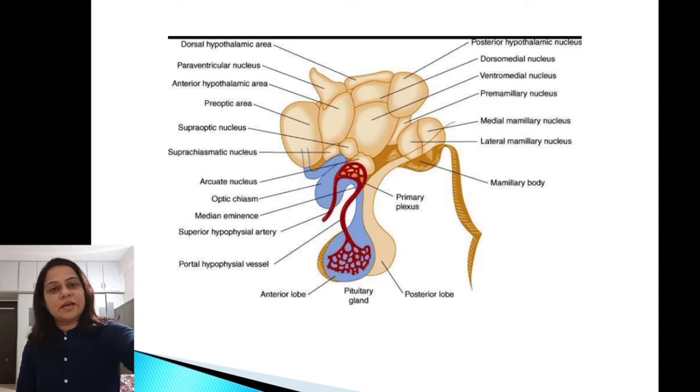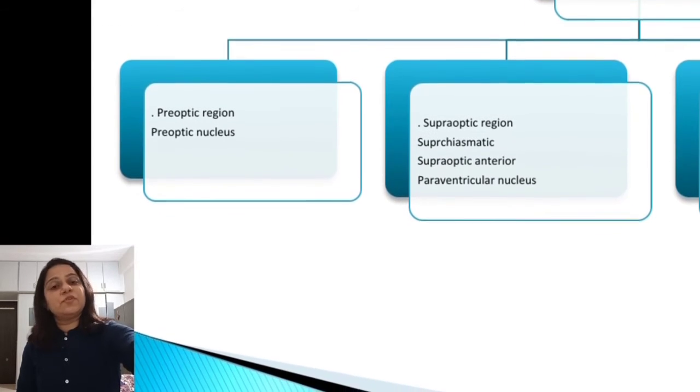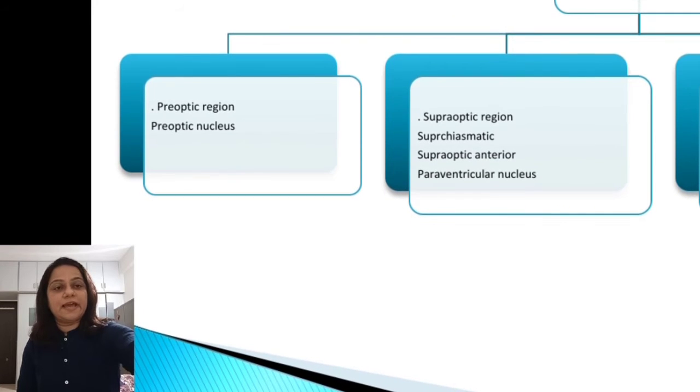This is the diagram showing the different nuclei of the hypothalamus. Grossly, hypothalamic nuclei are divided into 4 regions. Preoptic region, which includes a preoptic nuclei. Supraoptic region, which includes suprachiasmatic, supraoptic, anterior, paraventricular nucleus.